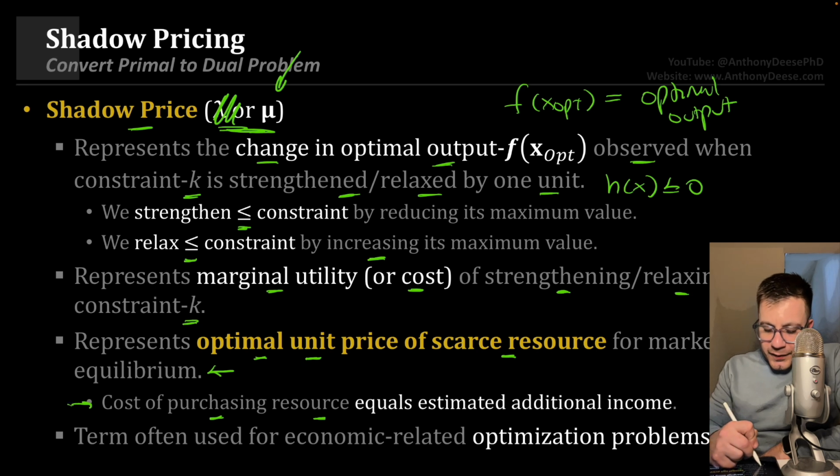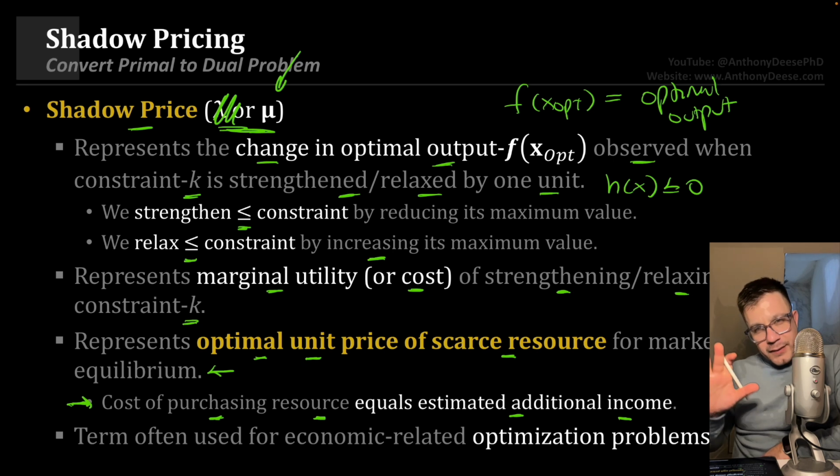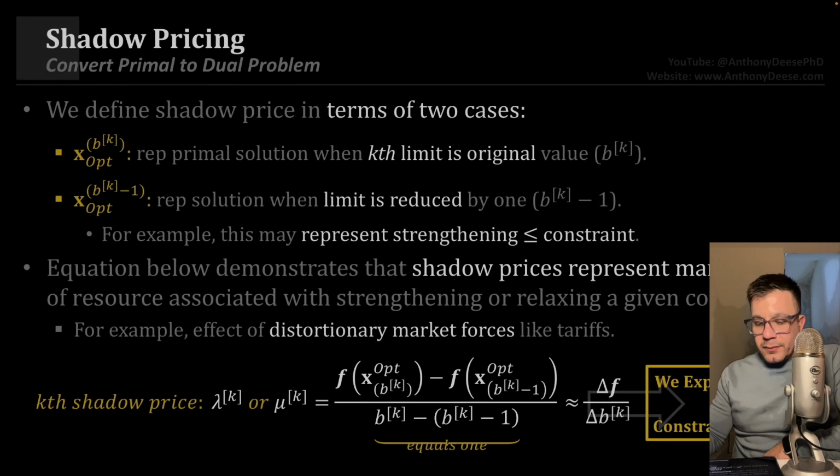So we will observe that the cost of purchasing a resource equals the estimated additional income, or at least that should be the case when we're at our optimal state, when we achieve the market equilibrium. I'm going to leave that there because we have a whole module to discuss that at length. And so the term shadow price is often used for economic related optimization problems. And again, not to be repetitive, but we're going to talk about that in the final module.